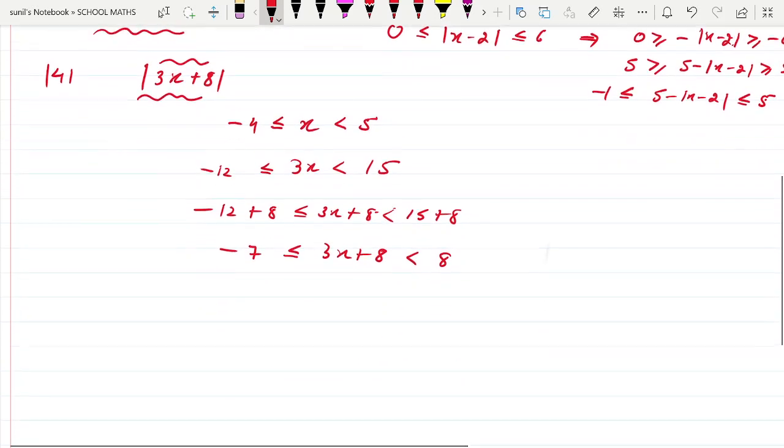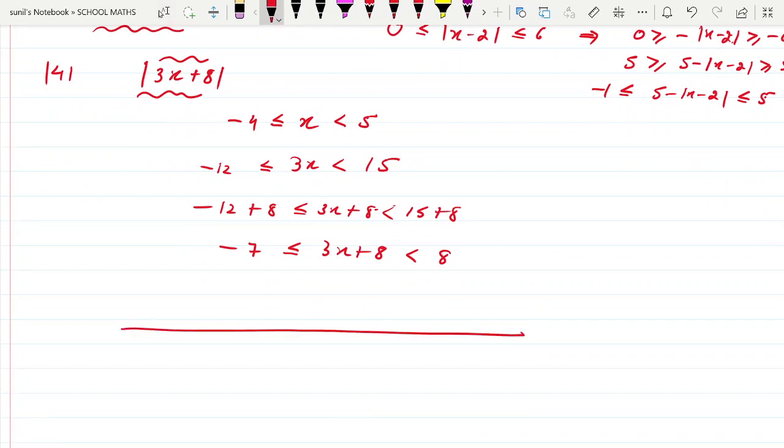Now I need to find the values of modulus. Here somewhere it is minus 7 and here is 8. If I start finding the modulus, there will be a 0 inside this interval. So the minimum value of mod will be 0 and the maximum value is less than 8. So this expression mod 3x plus 8 is greater than or equal to 0 but certainly less than 8.